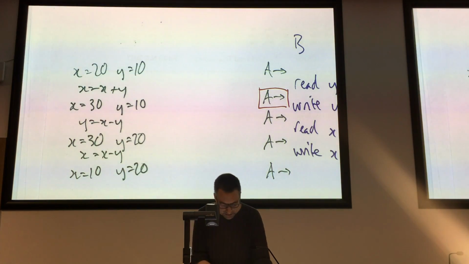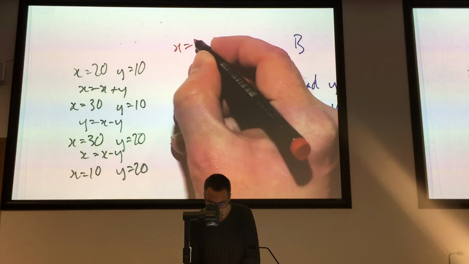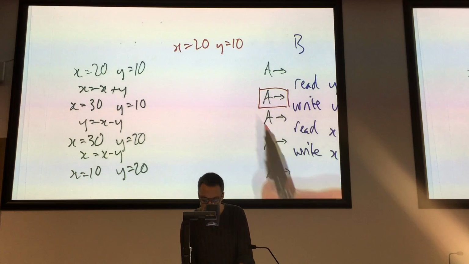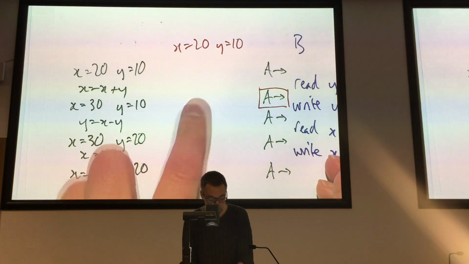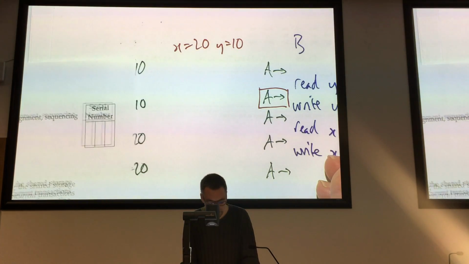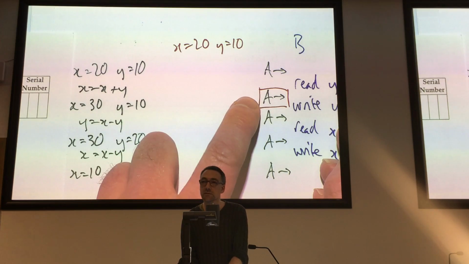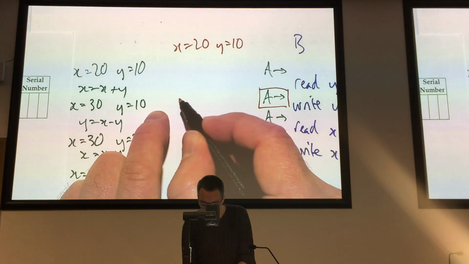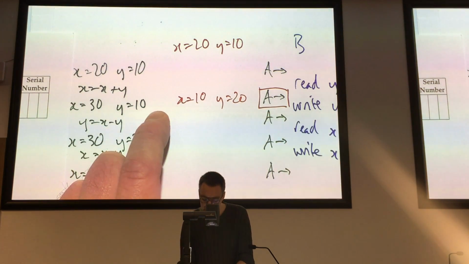Okay, remember initially x is 20, y is 10. So what happens, B will read the 10. Remember, B is adding 50 to both. B will read the 10. A will swap, so at this point we'll have x is 10, y is 20.